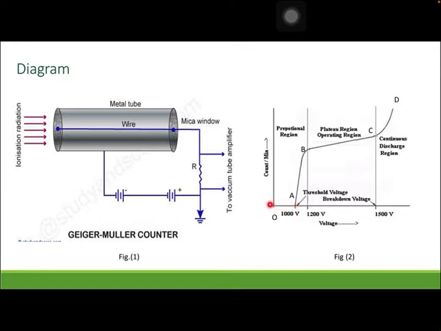You don't observe any counts up to the voltage at point A. Generally at around 1000 volts operating voltage, the counter starts detecting counts. The count rate will be displayed on the counter. In our laboratory, the threshold voltage is around 350.